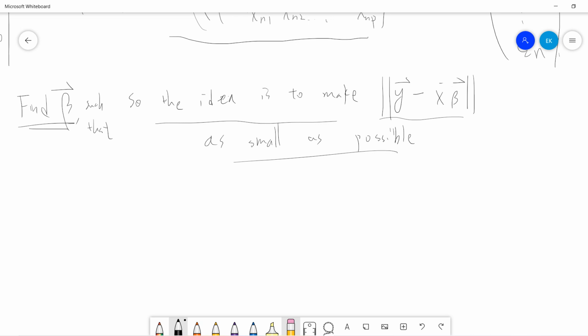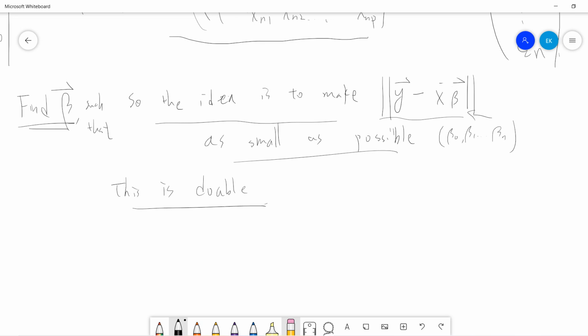We just try to minimize this. And why is this doable? Because this is a quadratic function of beta 0, beta 1, up to beta p, and a quadratic function can have a global minimum. So this is doable.